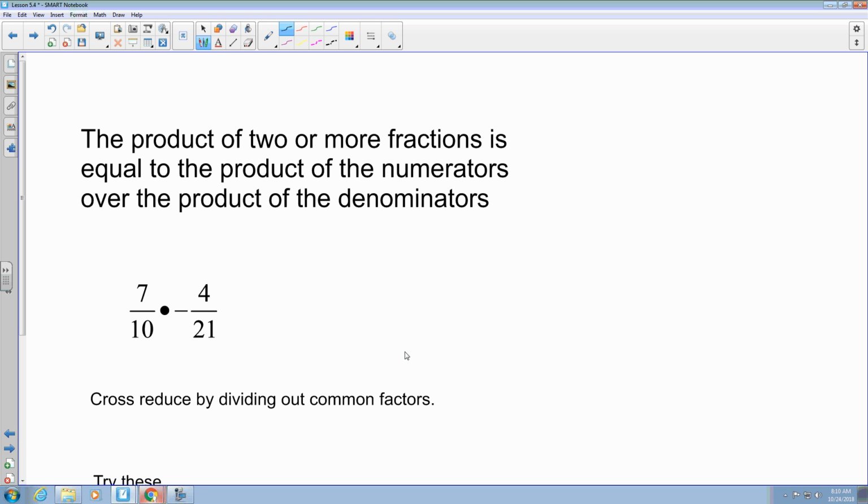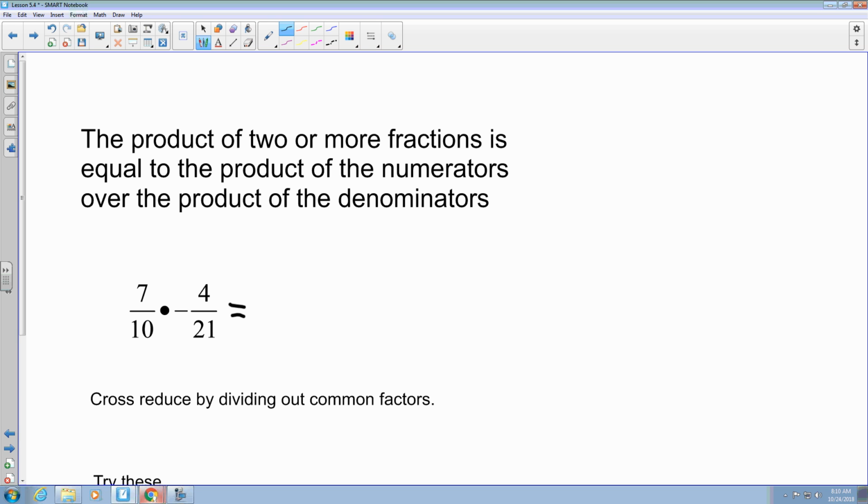In this case, we have a product of two fractions. One's positive, one's negative. The rules still remain the same, but sometimes we can do some reducing before we do any multiplying. What I'm saying is I look at each individual numerator and denominator and see if there's something divisible by each number.